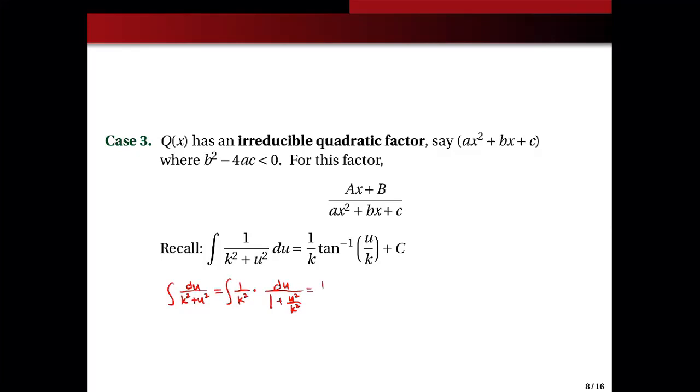Or we'll rewrite this as 1 over k squared integral of du over 1 plus quantity u over k squared. And then we'll do some substitution here. We let t be equal to u over k. dt is equal to du over k, or k dt is equal to du.